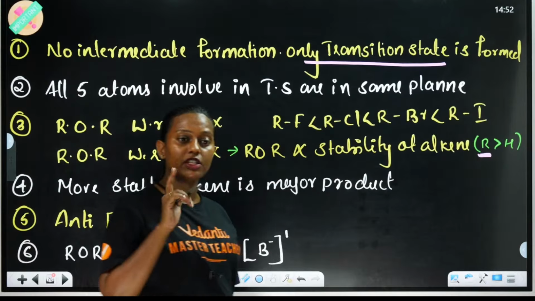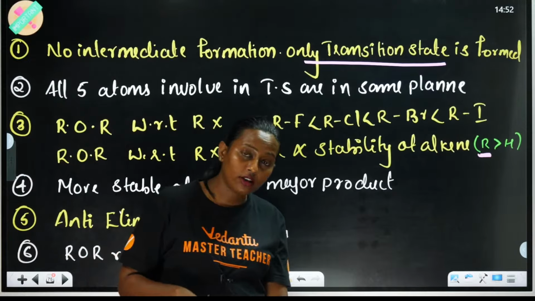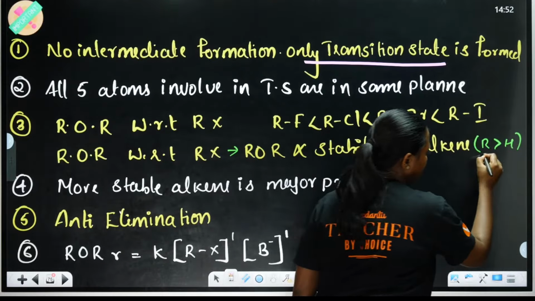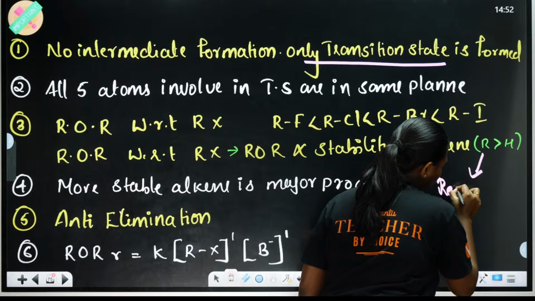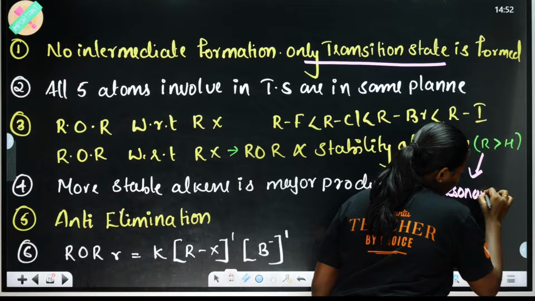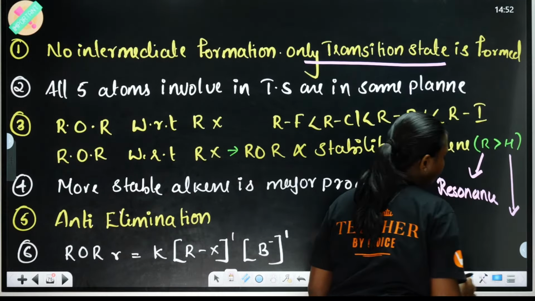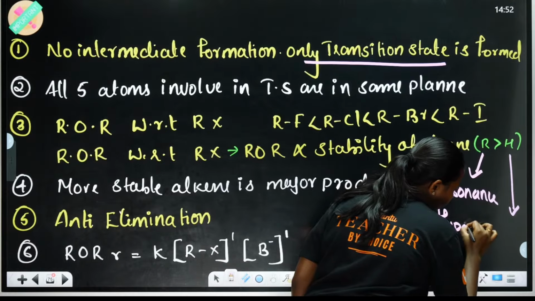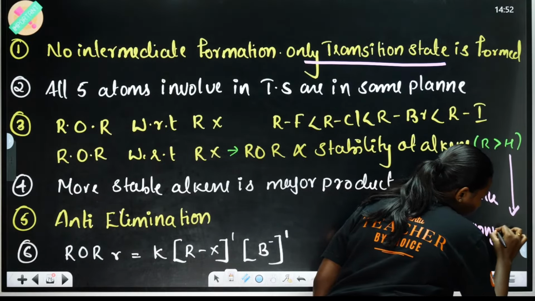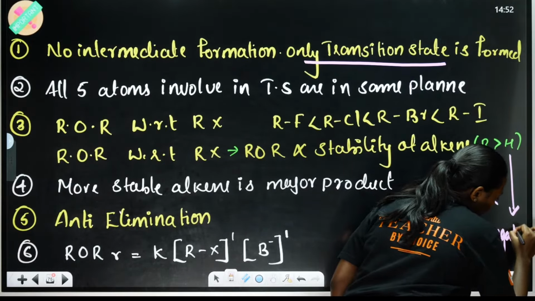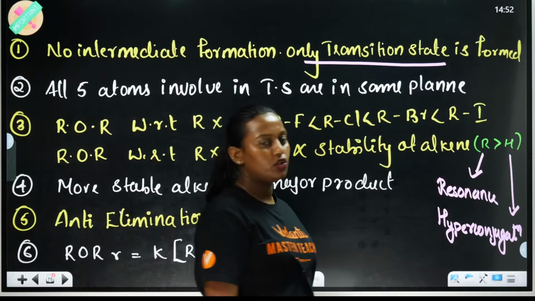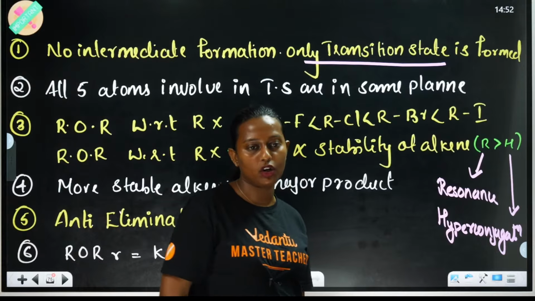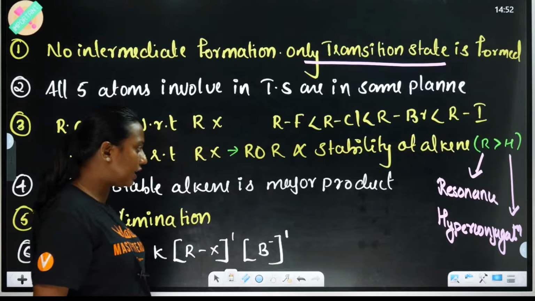If resonance is not there, then you can check hyperconjugation. R for resonance and H for hyperconjugation. Clear? I hope it's clear.